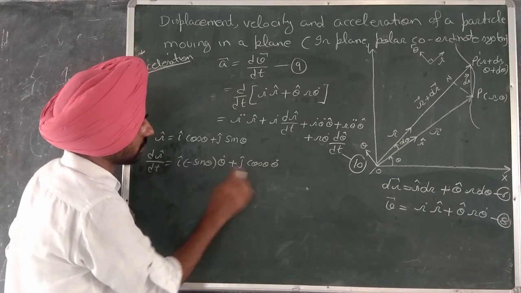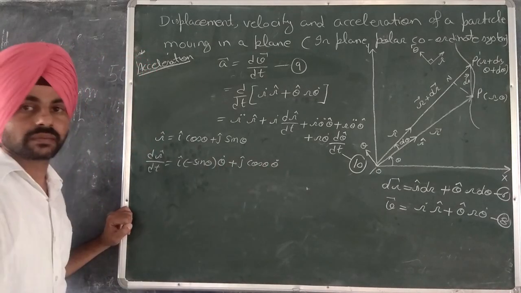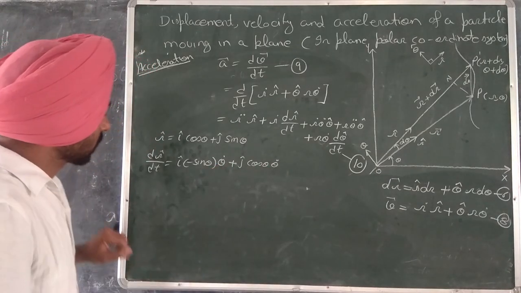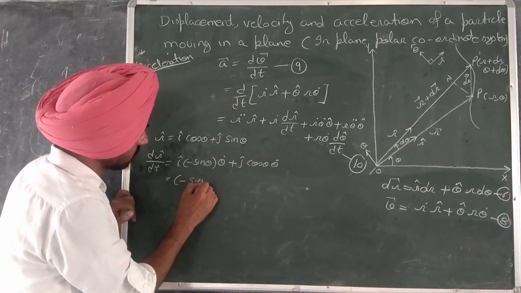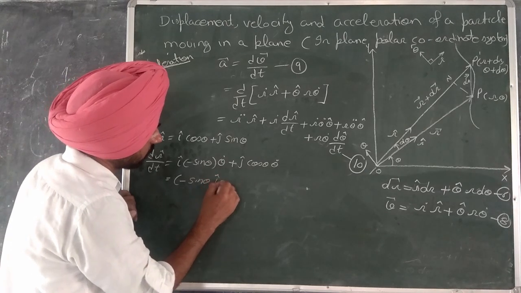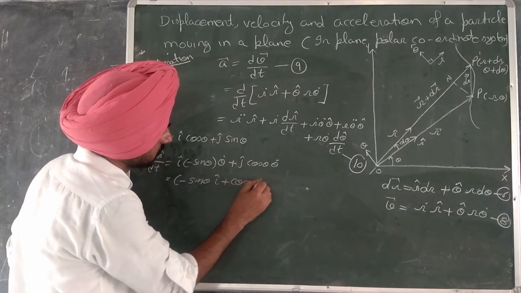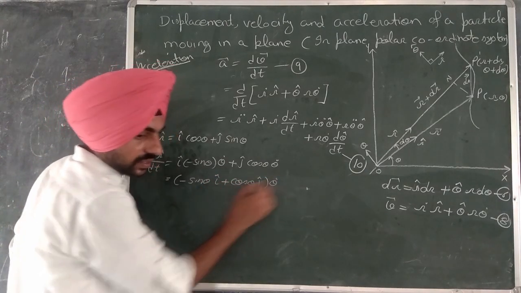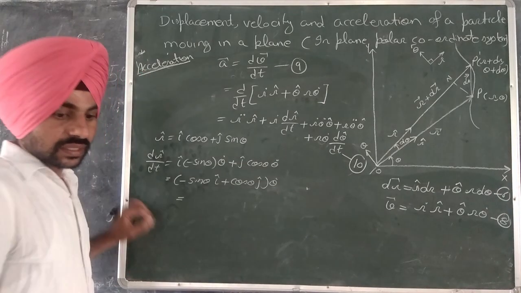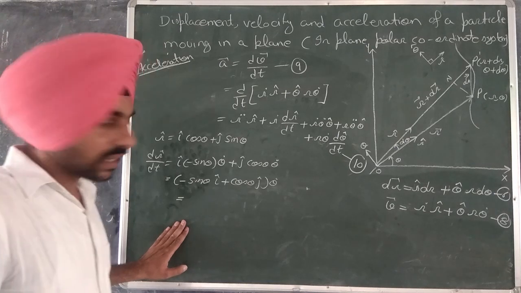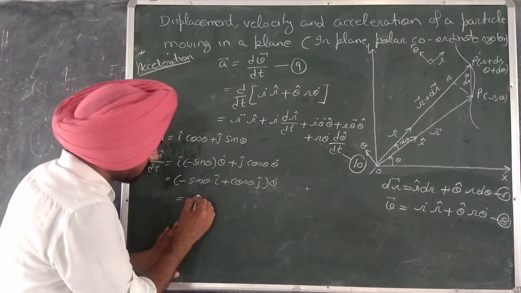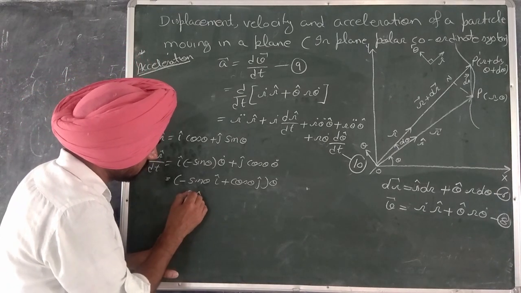What is this theta dot? Theta dot is d theta by dt. So we can write it as minus sin theta I cap plus cos theta j cap into theta dot. So this is nothing but theta cap. So this is theta cap into theta dot.